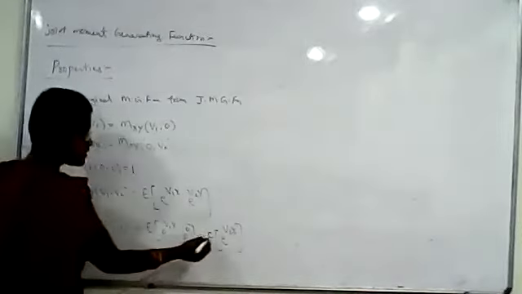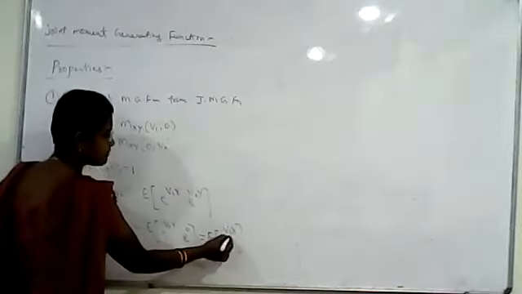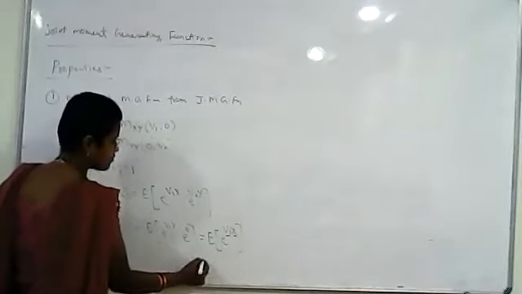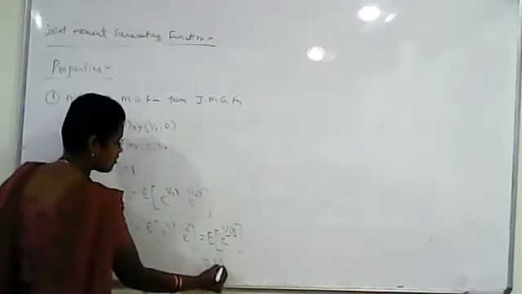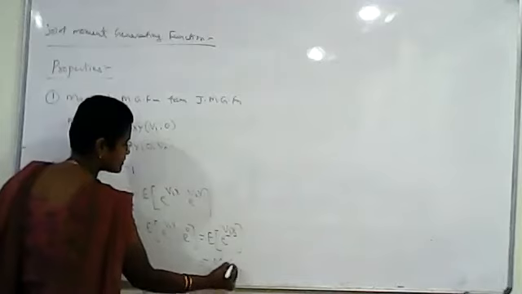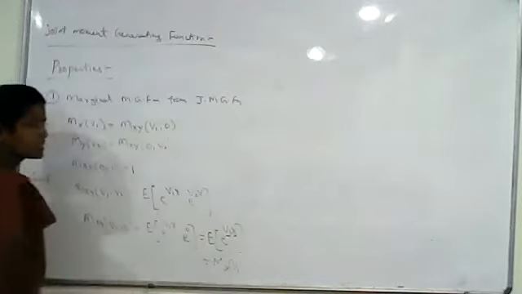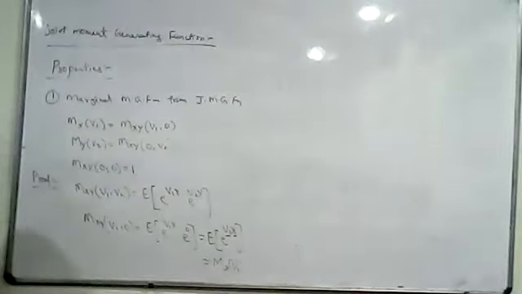Now if you observe this, we have only the variable v1 and the random variable X, so it is a function of v1. It is nothing but M_X of v1.